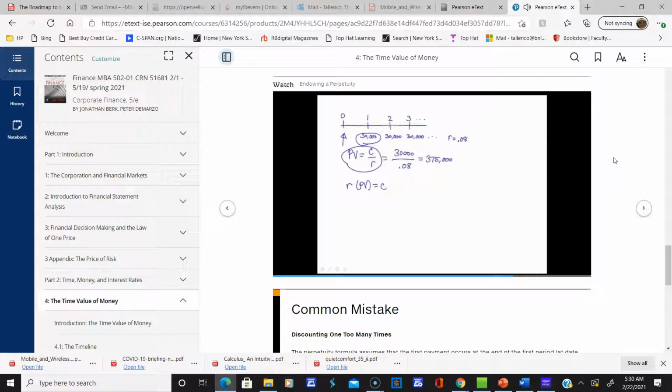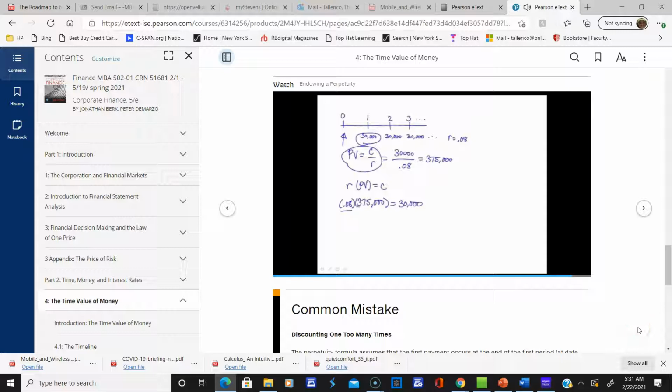However much money I start with, that's the present value, as long as I really can earn 8% a year on it, then all I'm asking the university to do is invest my money, earn the 8% on it, which generates $30,000 a year from the 8% on $375,000, and just spend the interest.